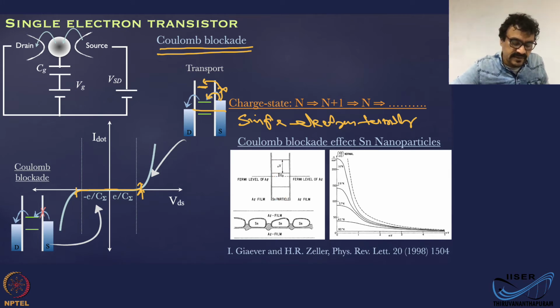So you can see that the differential resistance dV by dI is high as you reduce the source drain bias. This is nothing but the derivative of a curve which is going to look like this.